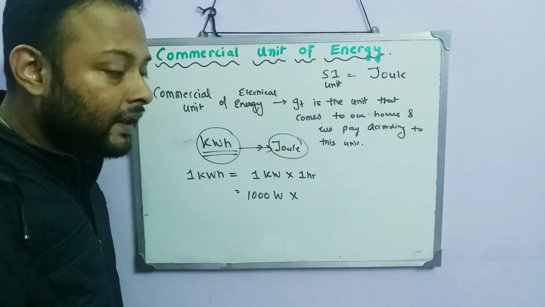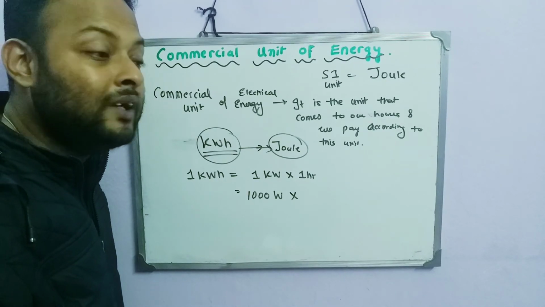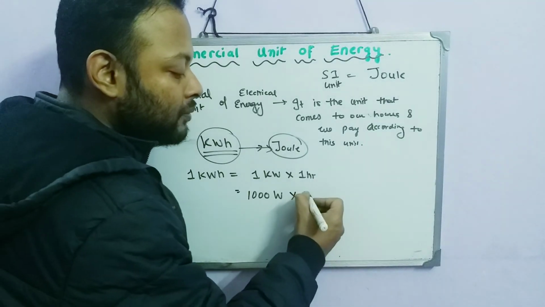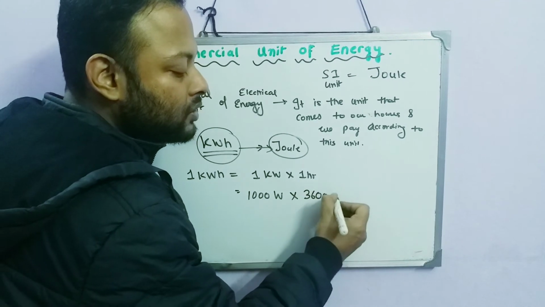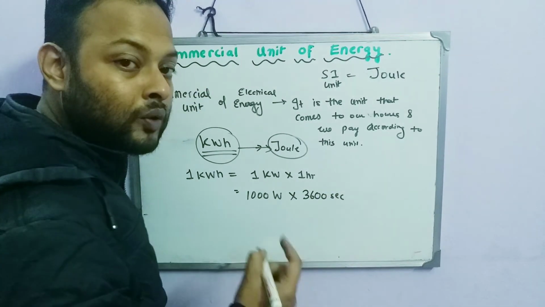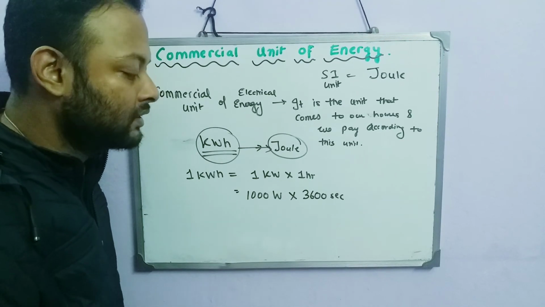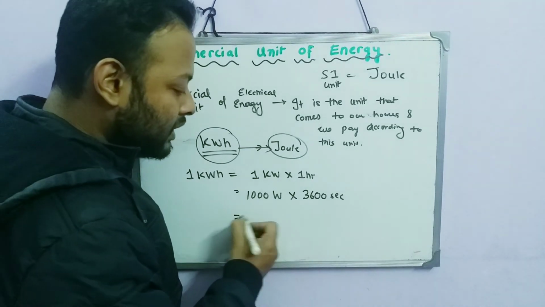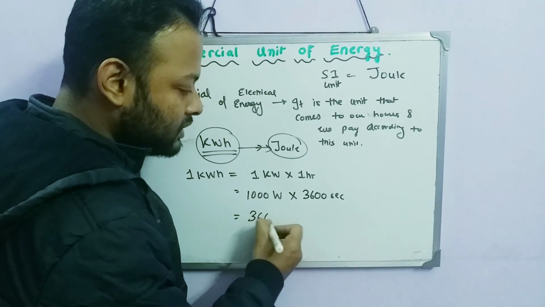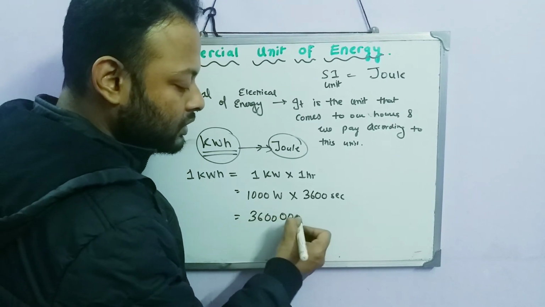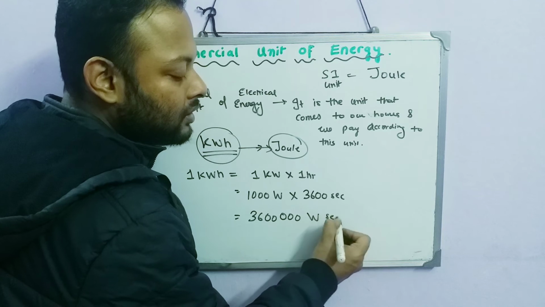If I convert 1 hour into seconds, how much does that become? 3600 seconds, right? In 1 hour we have 3600 seconds, that is 60 minutes into 60 seconds. Now if we multiply these two values, it becomes 3600000 watt second.